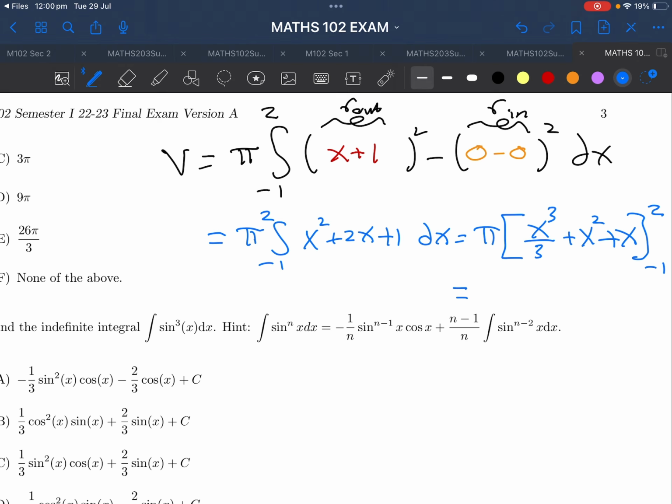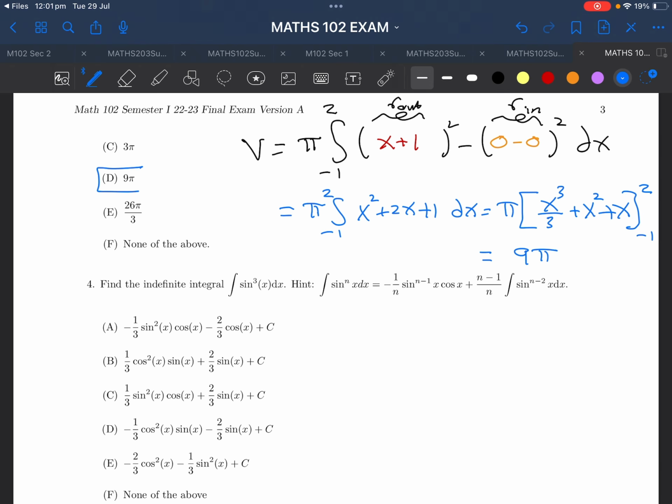And we find the answer using the calculator. The answer is 9 pi, which is this one.